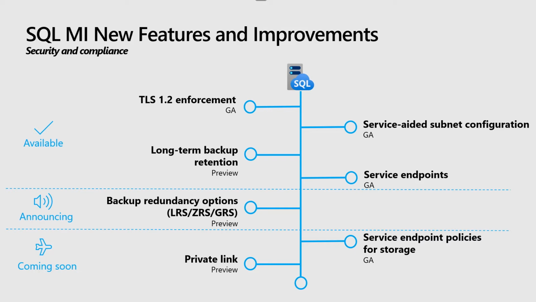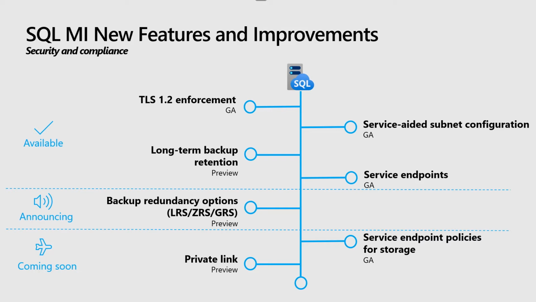We also first introduced and then enforced service-aided subnet configuration as a way for the system to keep your network settings, including network security groups and your user-defined routes, up to date and in compliance with the requirements of the Azure SQL Managed Instance service. Basically, the system would make sure that your UDRs and NSGs are in compliance and that you will not break some of the management traffic required for the normal functioning of your managed instance.